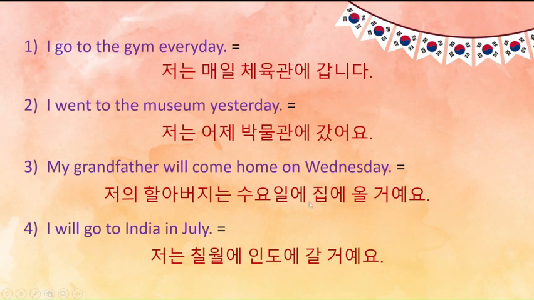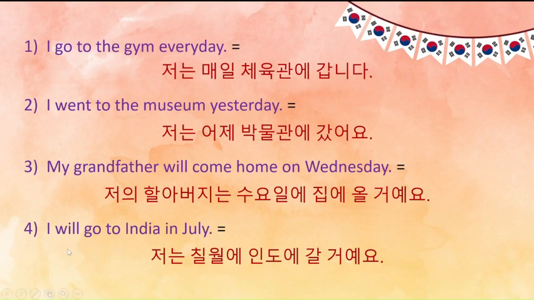So we have attached the particle 에 to 수요일. And then we have the location 집, which is home. So again the particle 에 is attached to the location. And we know that the verb to come is 오다. So will come, future tense, 올 거예요.